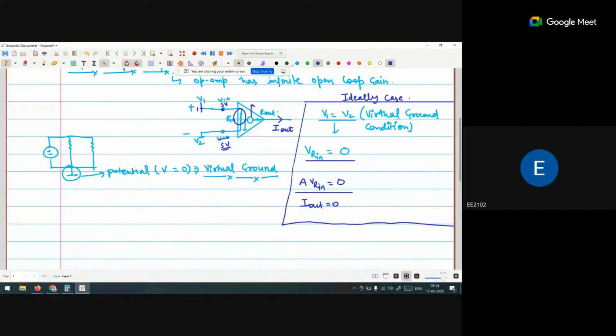Now, if I out is not equal to zero, that means V Rin is zero, but A times V Rin is not equal to zero.